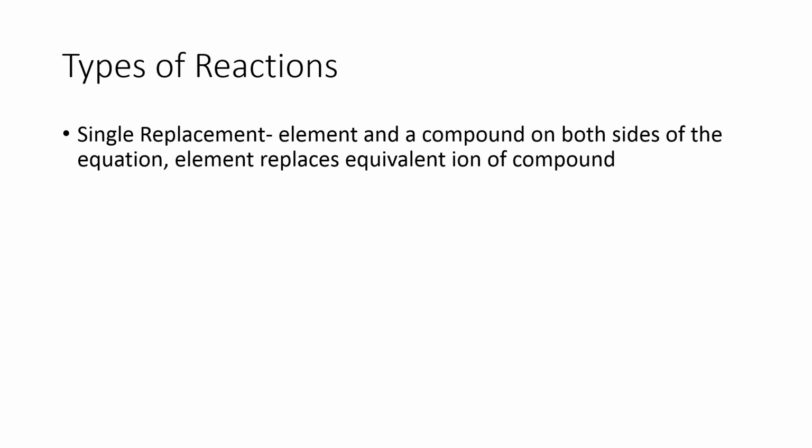If it would normally be a negative ion, it is trying to replace the negative ion in the compound. So here's an example, one that we performed in Chem 1 a couple of times. We have silver nitrate and copper, and it will produce silver and copper 2 nitrate.